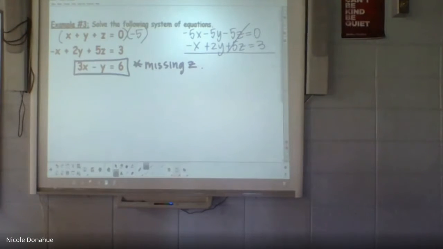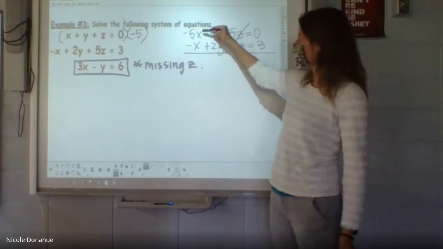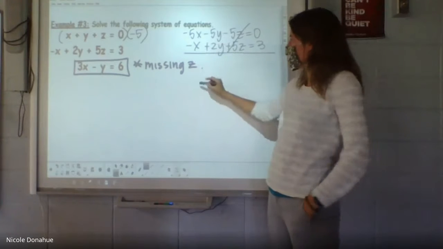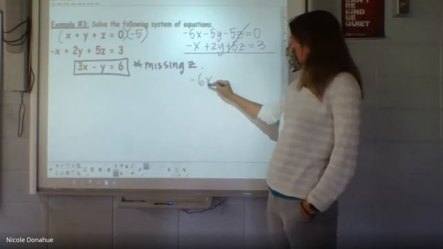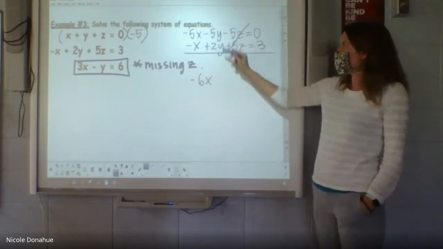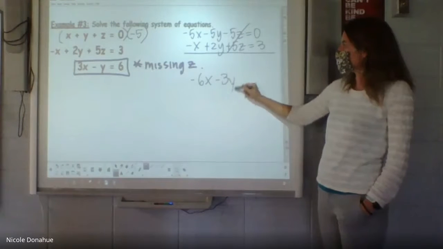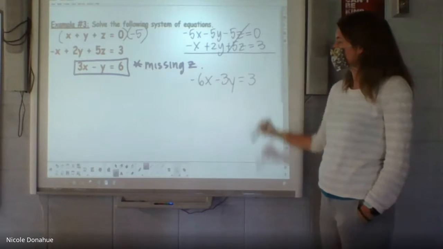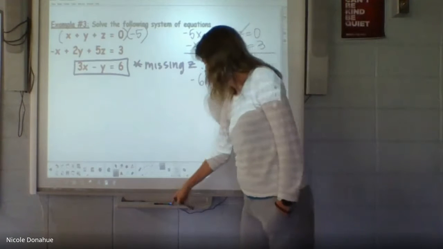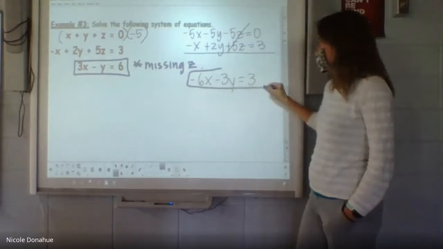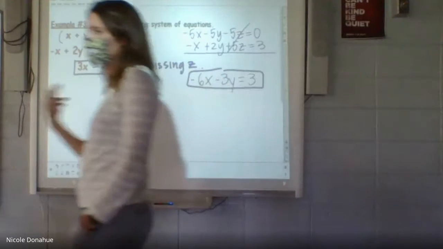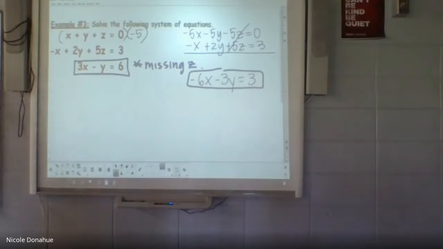So the z's cancel there. I'm adding these together. So -5x and -x is -6x, and then -3y, and then 3. Now I have these 2 equations with 2 variables, and it's good because I have the same 2 variables in 2 equations.